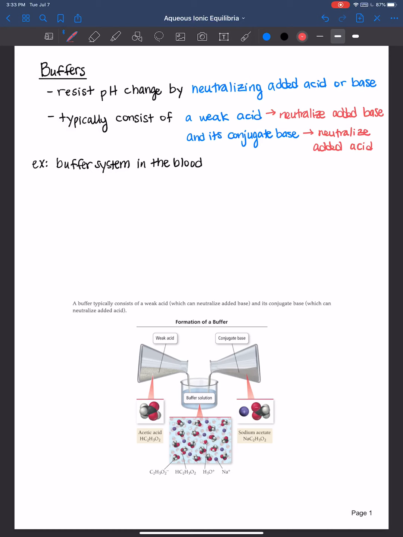Let's talk about the buffer system in the blood, which has carbonic acid in it. So the carbonic acid is the weak acid portion of the buffer system. And if I'm adding base, essentially I'm adding hydroxide ions.